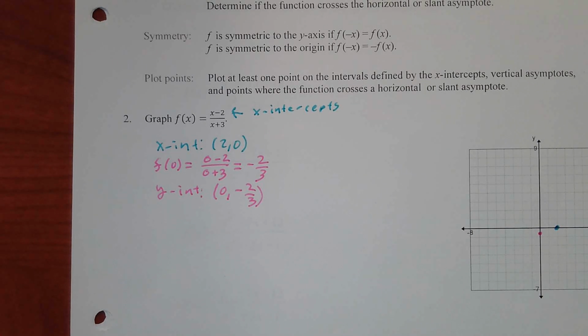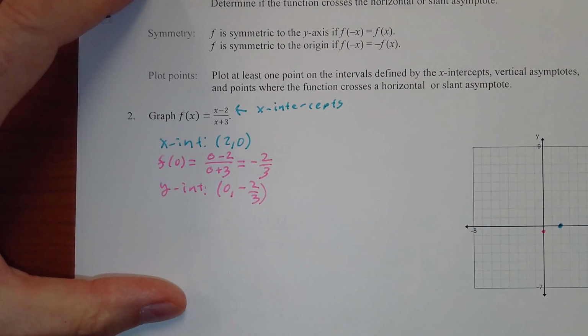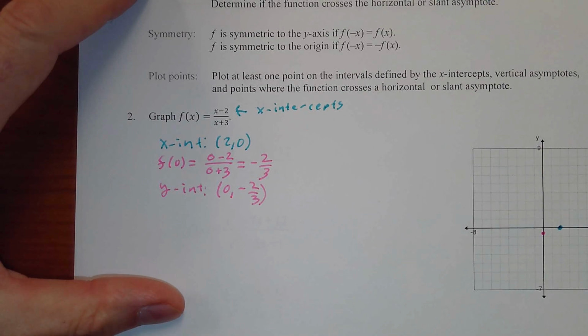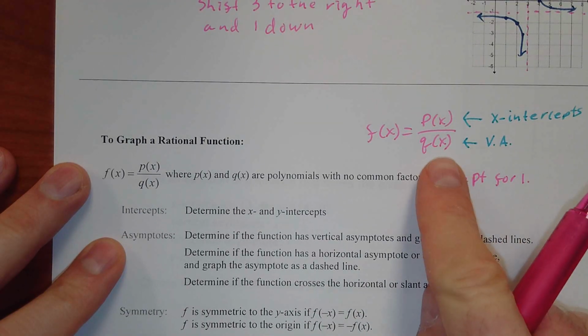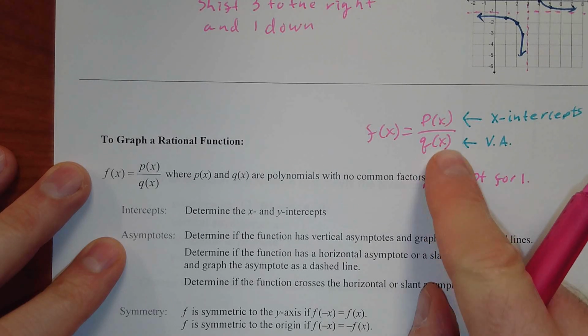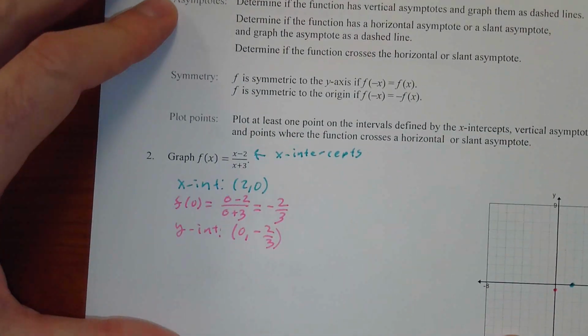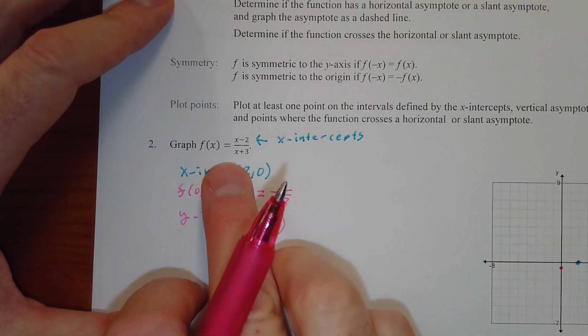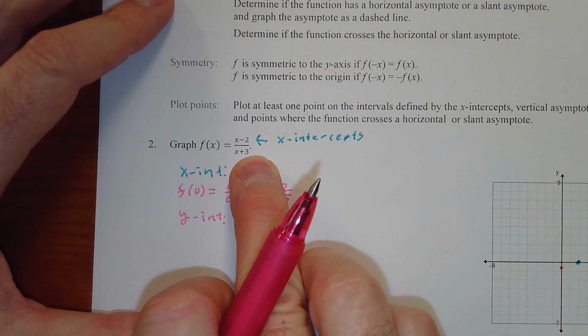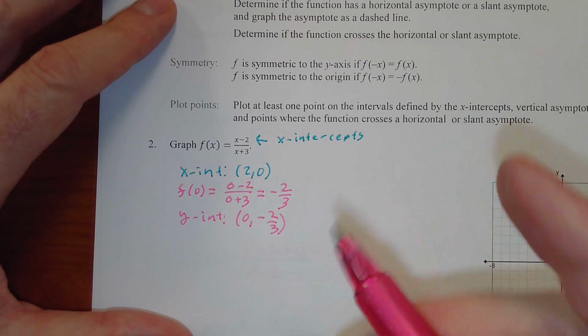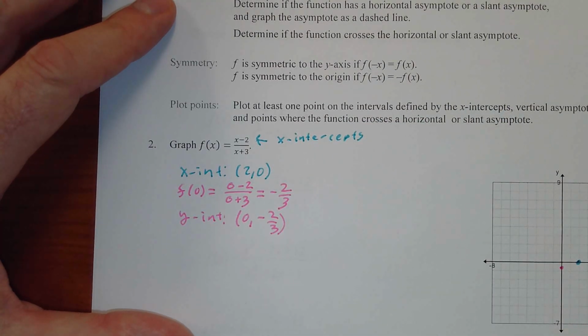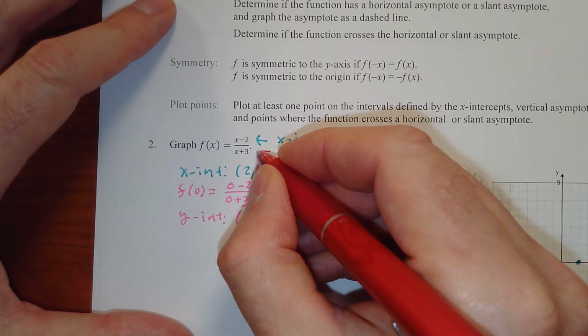Okay, so step 2, we're going to go after the asymptotes. So remember, we get the vertical asymptotes from the bottom if this has already reduced to lowest terms. So x plus 3 is going to give us a vertical asymptote of x equals negative 3.